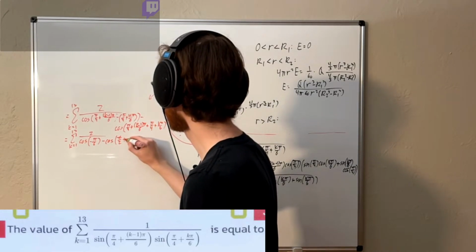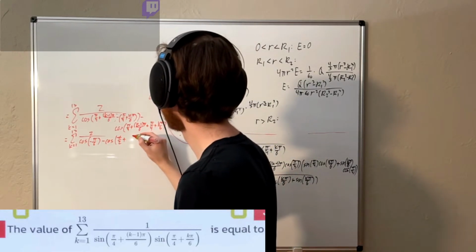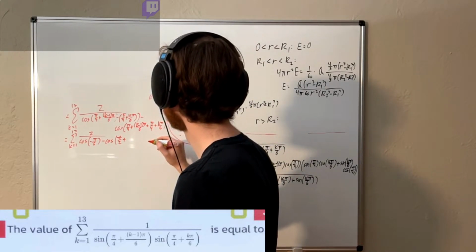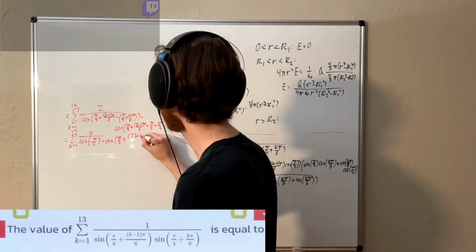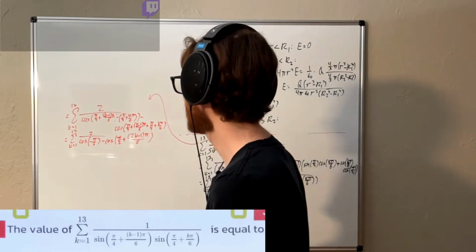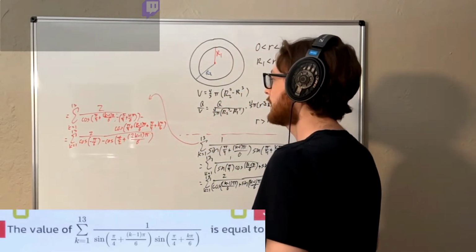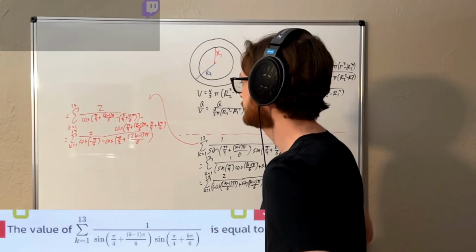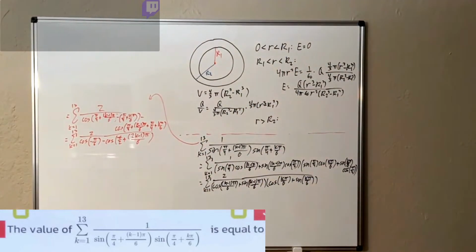Ooh, maybe with a sine identity it would settle down, though. This now becomes 2k minus 1 pi over 6. Probably translate it into a sine with an identity, because that's pi over 2. Interesting.